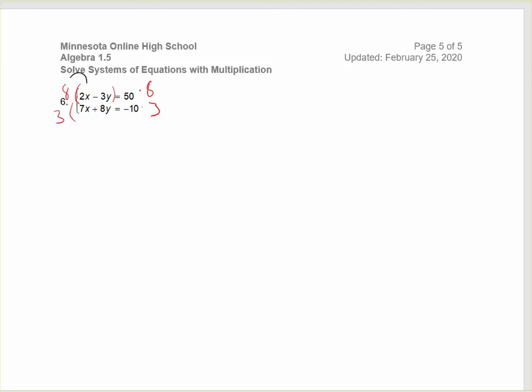So we'll have 8 times 2x, and then minus 8 times 3y, and that will be equal to 8 times 50. Now 8 times 50 is just like 8 times 5 with an extra 0 after it. So that's going to be 400.